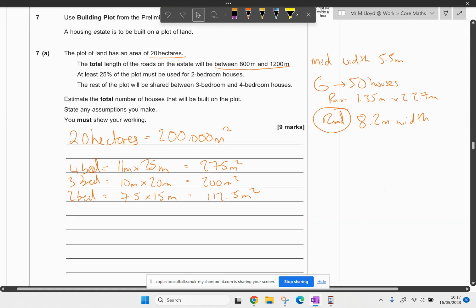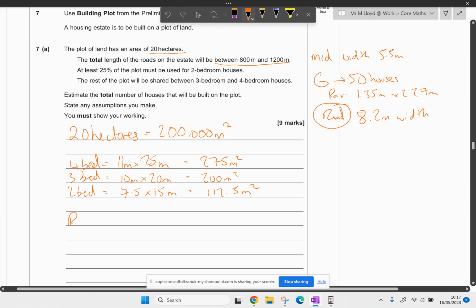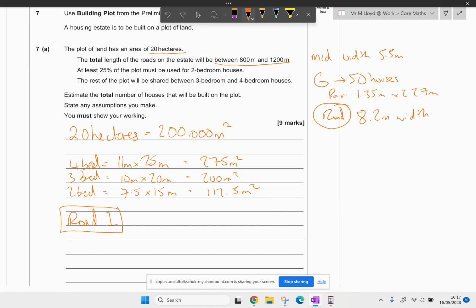So I'm going to say road 1. Okay, road 1. And another assumption is going to be no gaps in the roads for where we're putting our houses for shops and stuff. Right, it's just all house.